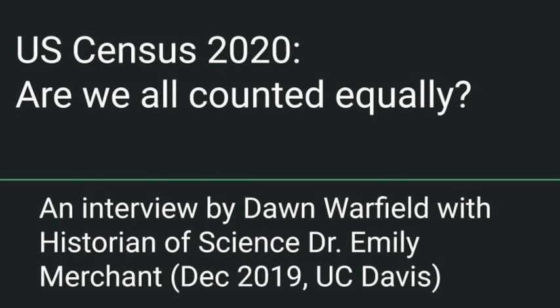And so what happens is that the localities where the prisons are, and these are often rural areas with not that many people anyway, those populations get inflated. And the places where people who are incarcerated came from, the places either where they lived before they were arrested or where their families live, then get deflated.